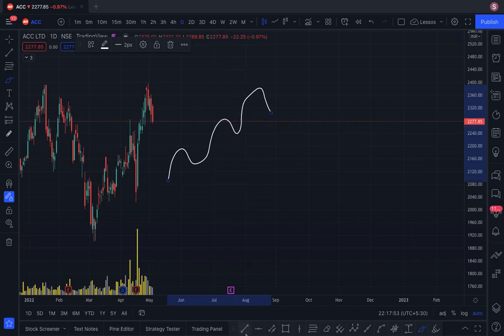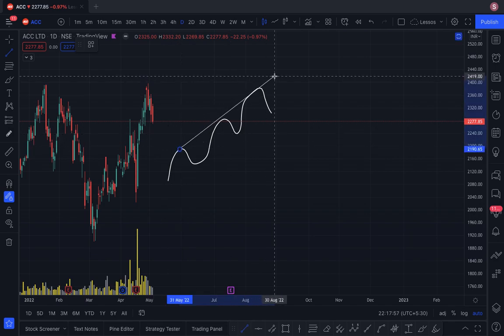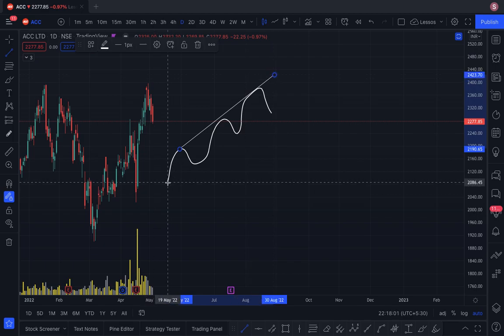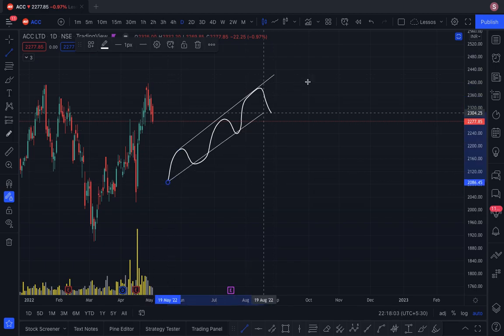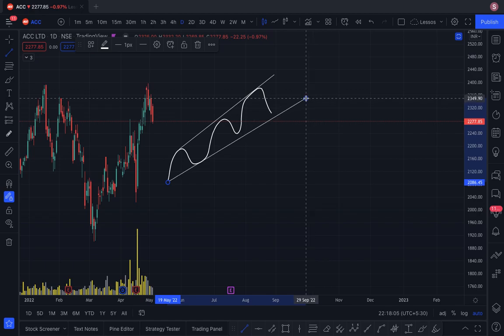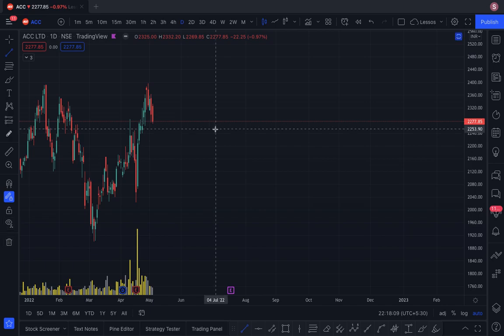If I have to draw a trend line over here, you see, if I connect the higher high points, the trend line will show a rising slope, and even the lower points show a rising slope, which means that the stock is in an uptrend. Whereas when a stock is in a downtrend, it will make a lower high and a lower low.